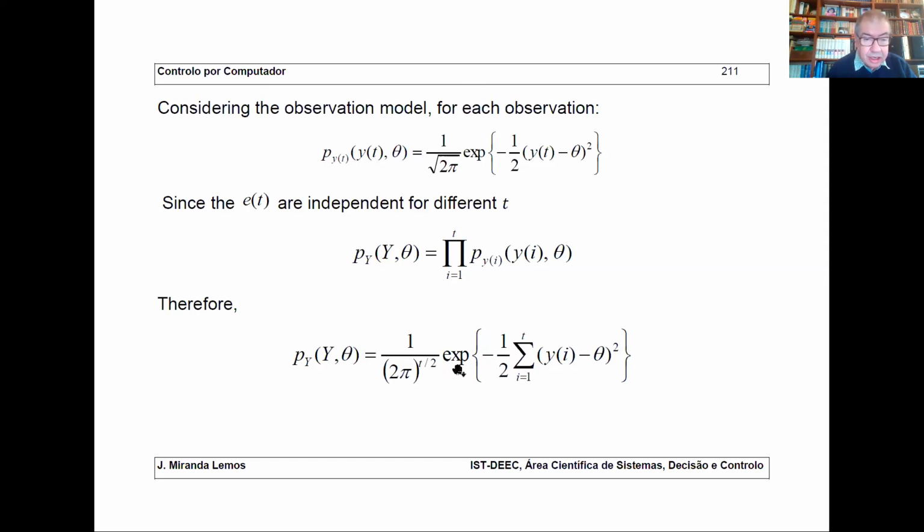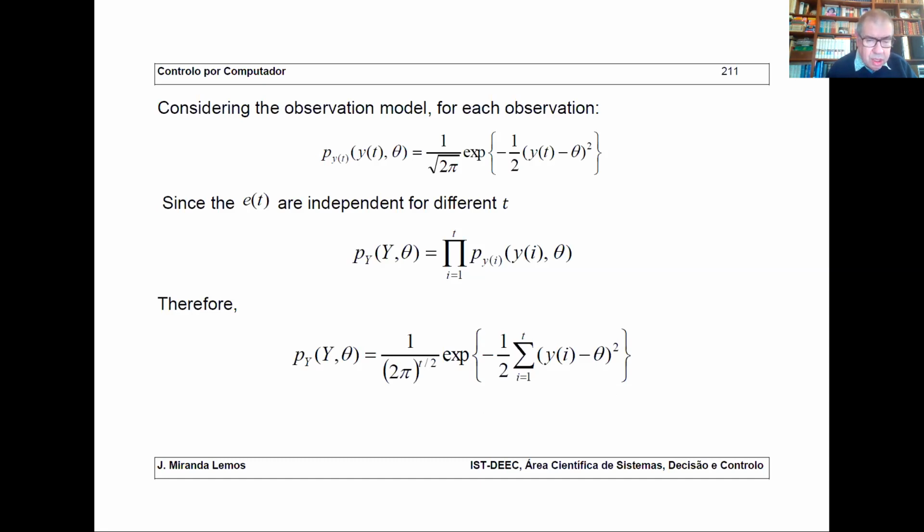So this is a function of theta, because the vector y, which is made of these y_i, is given. You have observed the data. Actually, it's an exponential of a sum of squares. And I want to find theta that maximizes this function.